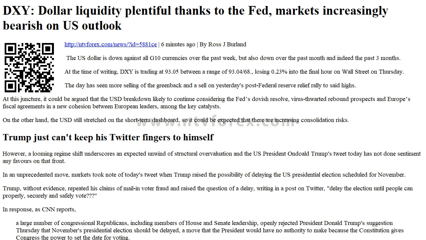In response, as CNN reports, a large number of congressional Republicans, including members of House and Senate leadership, openly rejected President Donald Trump's suggestion Thursday that November's presidential election should be delayed, a move that the president would have no authority to make because the Constitution gives Congress the power to set the date for voting.